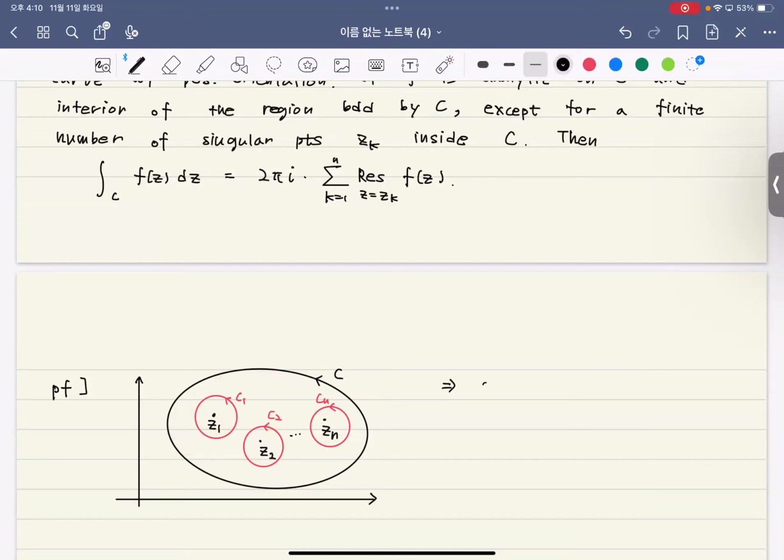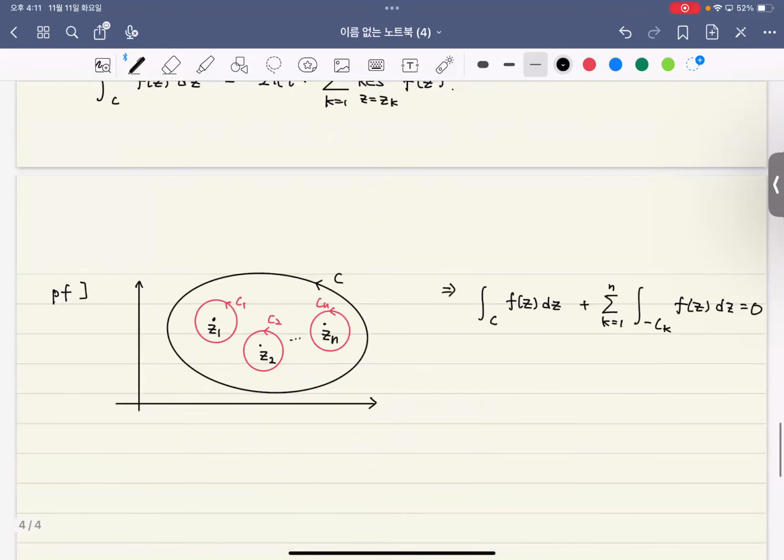And therefore, we can use the Cauchy's integral theorem, which says that this plus the summation of these equals 0, right?